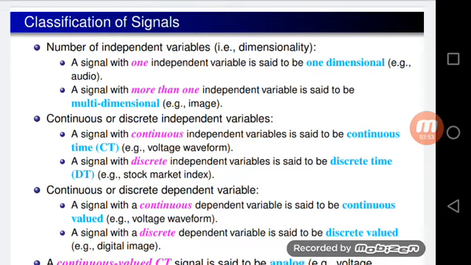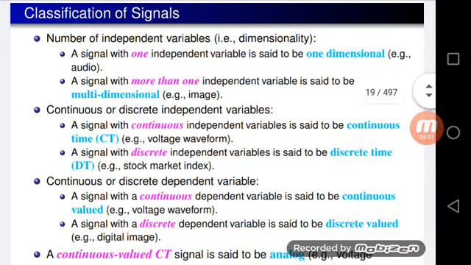This is the classification of signals. Signals are mainly classified into three types: number of independent variables, continuous or discrete independent variables, and continuous or discrete dependent variables. First, number of independent variables.